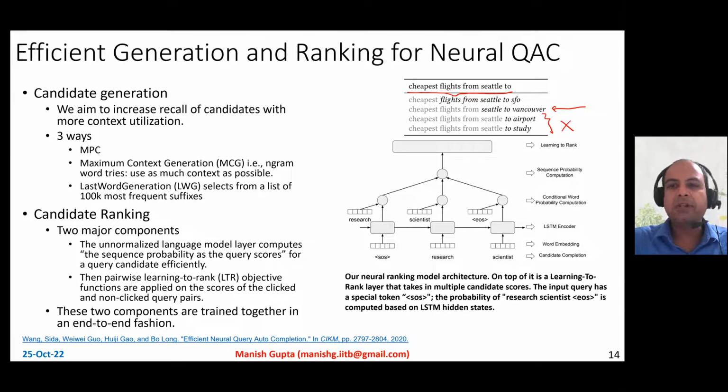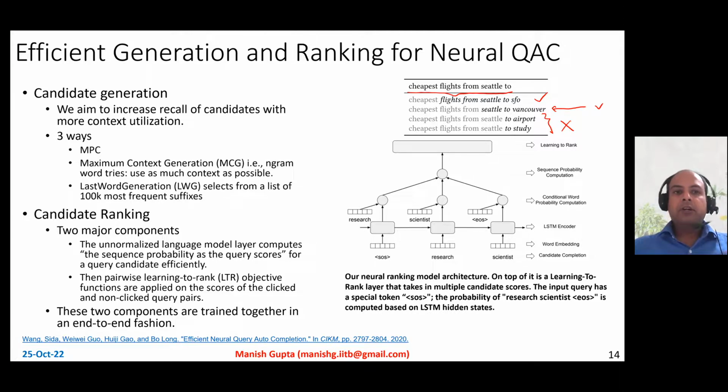You want to, of course, avoid those, but show things of this kind. To be able to learn such good ranking models, you first need candidates that could be proposed, and then you would want to ensure that they get a very good click-through rate. So you want to train a model such that it can rank those candidates which have a good language modeling score, as well as are promising candidates from a clicking perspective.